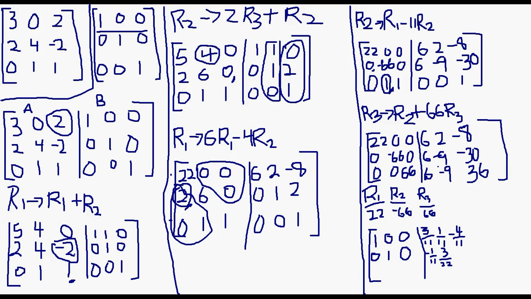And then 31 over 22. Negative 30, sorry, 5 over 11, sorry.